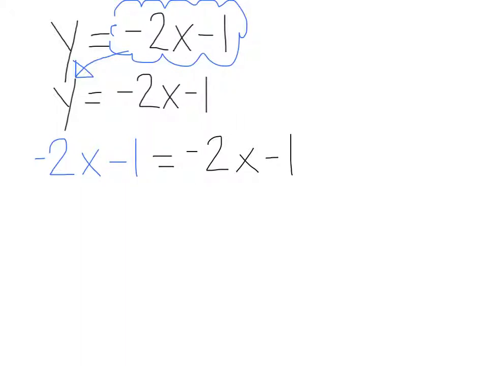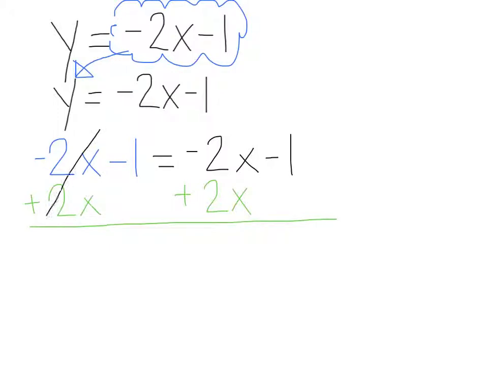When I add 2x to both sides, I now see that both of my x's will cancel, and we're left with negative 1 equals negative 1, which is a true statement.